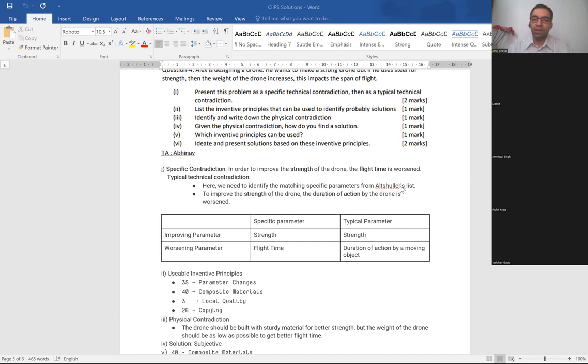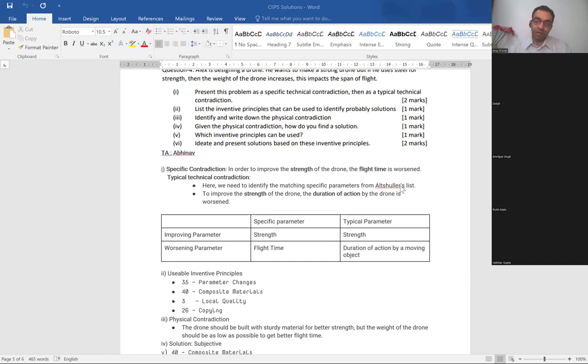Okay. So flight time is clearly not a parameter that Altshuller talked about. Remember? But he talked about duration of action by a moving object. That could be the typical parameter. In fact, if you look at the technical contradiction matrix a little more closely, you will see that there could be other typical parameters also which you could arrive at. And those are fine, all valid.